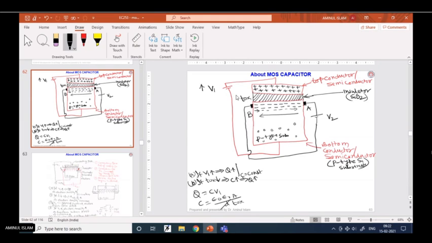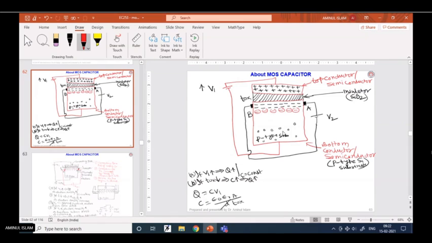Negative ions will be there at this region, because the holes are repelled. Did I say that yesterday?